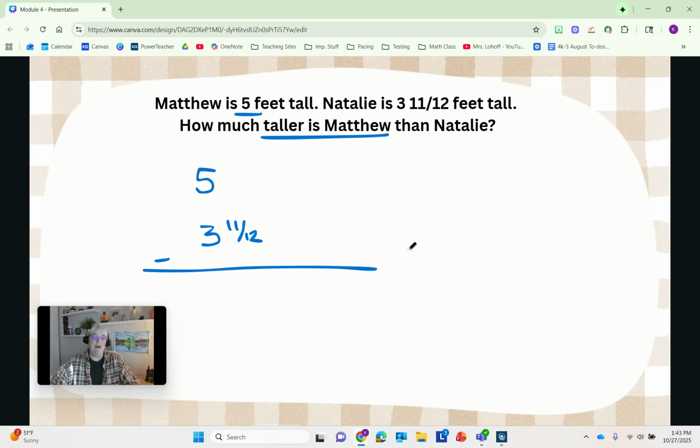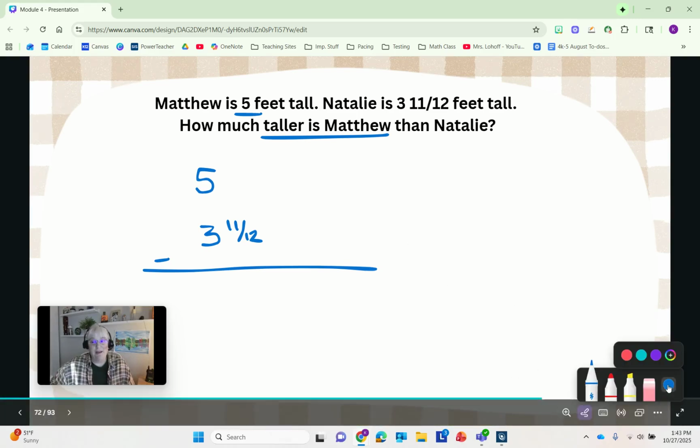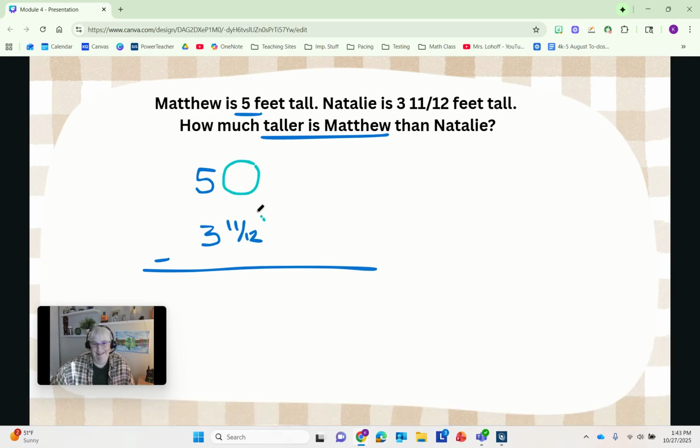Remember that when we subtract mixed numbers, we start with the fraction part. So my fraction part, I don't have one, but I'm supposed to subtract 11/12 from nothing. That means I'm going to have to rename 5 in a way that's going to give me some twelfths. So 5 can be the same as 4 and 12/12.